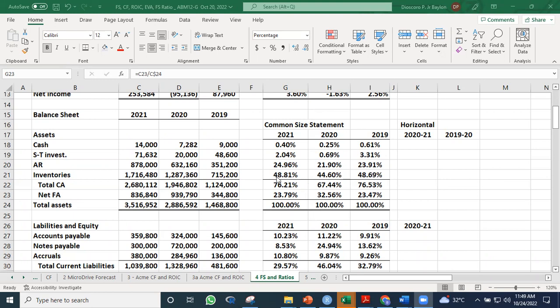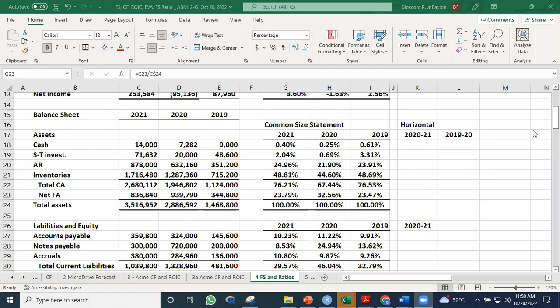Inventories, over time mukhang bumaba siya ng 2020 pero nag-increase naman siya ng 2021. AR, 24.96%, nag-increase yung accounts receivable natin over total assets. Again, you just do not take this in isolation, kasi this can be a signal. Let's say the average sa industry is 20%.